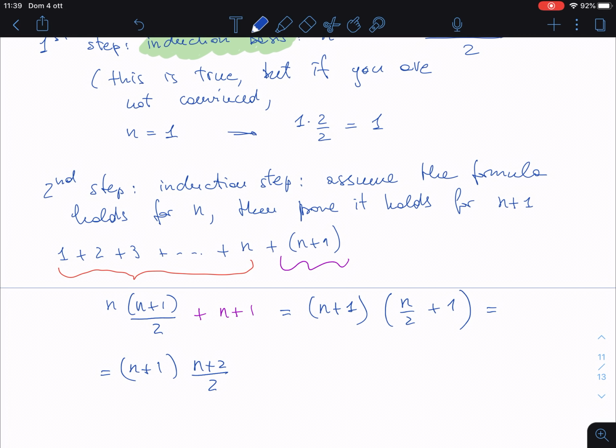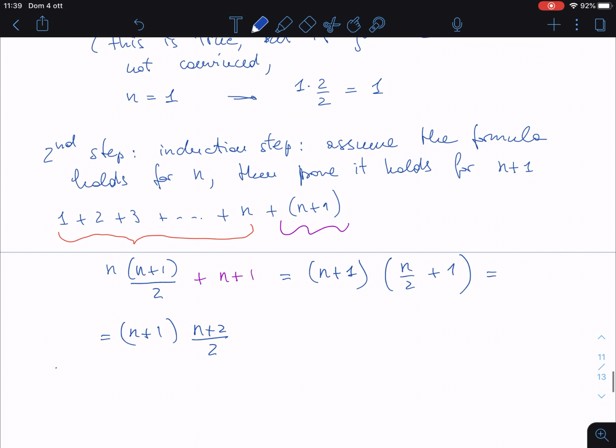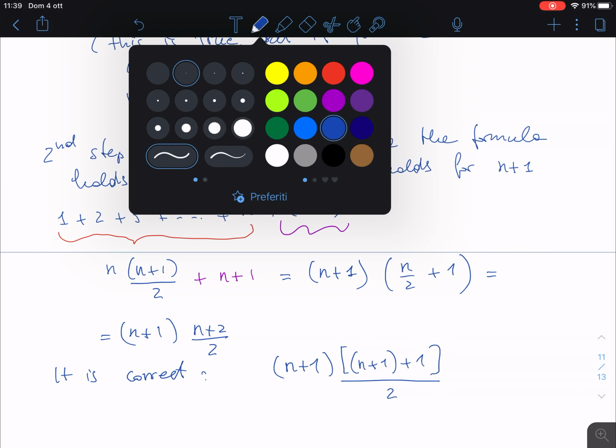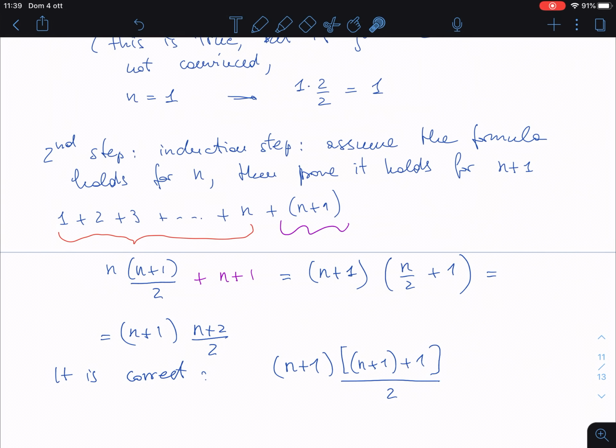This seems to be quite strange, but indeed it is correct. Why? Because this is (n plus 1) times (n plus 1 plus 1) over 2, and this is the formula we are looking for, because you are looking for the formula of the sum of the first n numbers when instead of n we consider n plus 1.